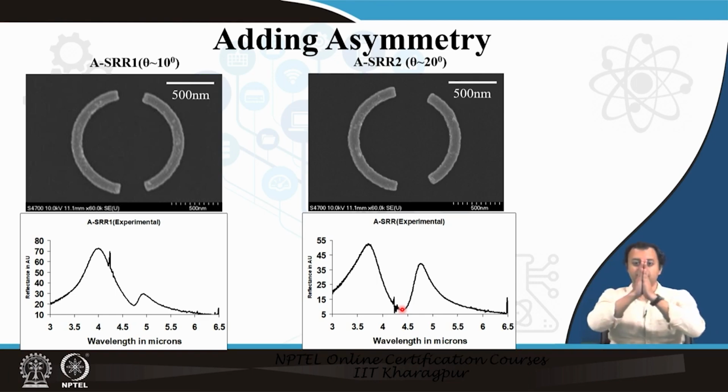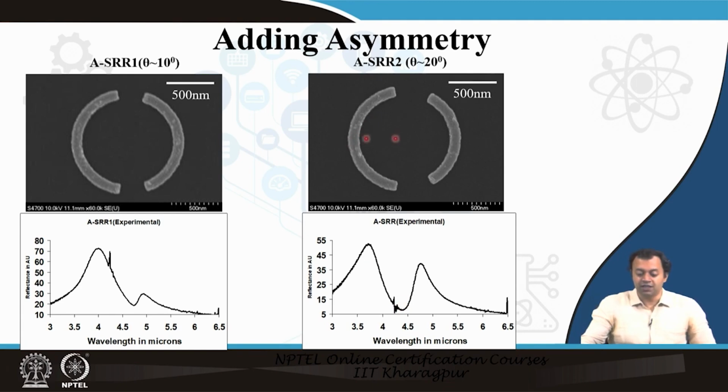It divides, it simply opens up. This peak is because of this resonance, and this one because of this. And what is in between? The in-between is the most important part, where the resonance response of this and the resonance response of this are the same but opposite, and they cancel each other.